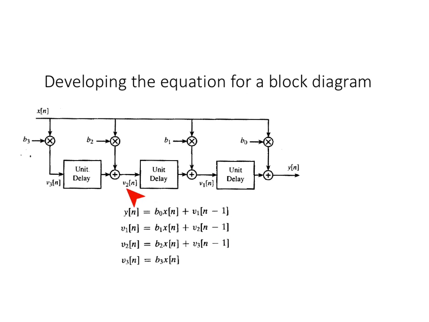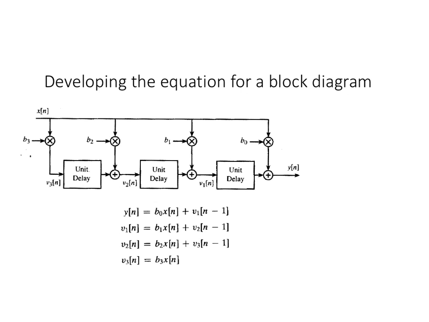Similarly, v2 can be written as the sum of v3 delayed by 1 and then x n multiplied by b2. That's this equation here. And then the last equation is v3 itself, which is just b3 times x n.